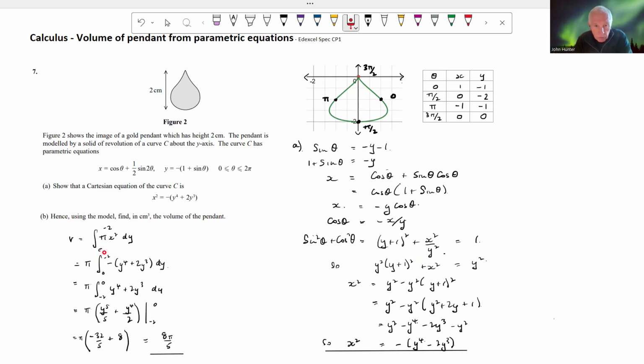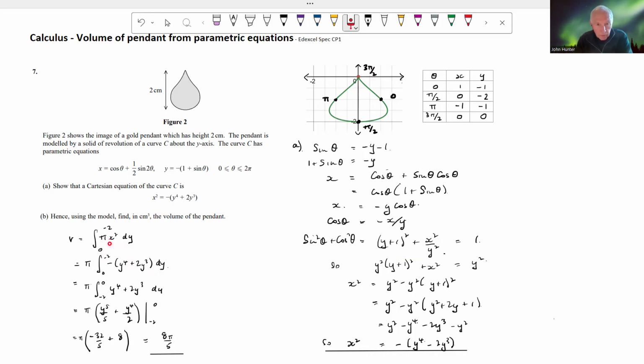So our integral goes between 0 and -2 in the y direction of pi r squared, where r is the x coordinate here. Right. So that is what we want.